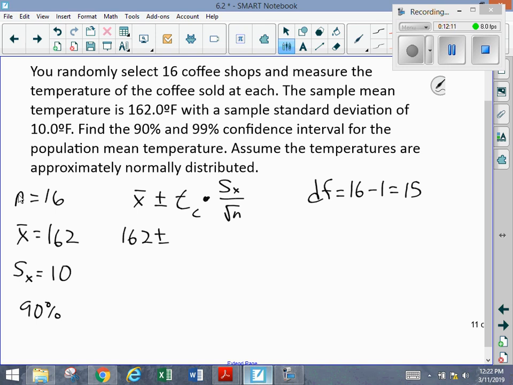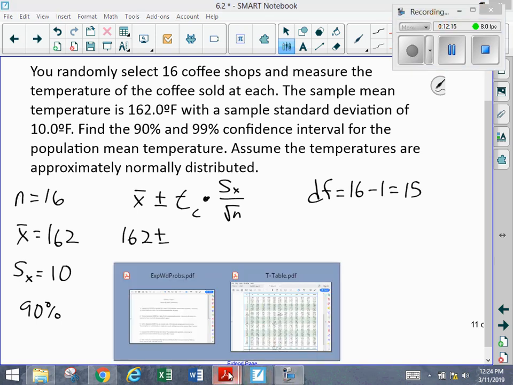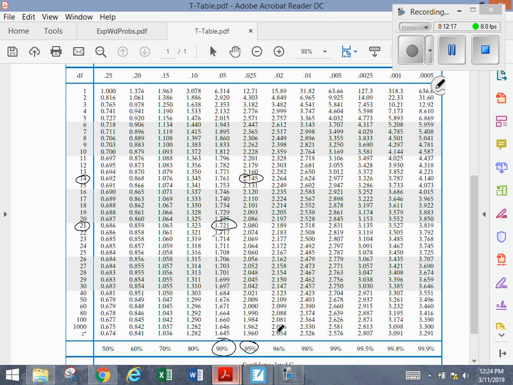So we've got to go to our t table. We're doing a 90% confidence interval.